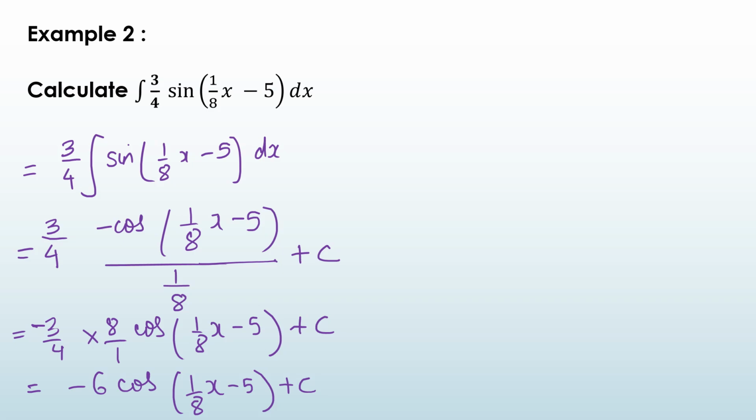If you were to use the substitution method, you could assume u equals 1 by 8 x minus 5, and then du over dx is just 1 over 8. So what happens to dx? dx now is 8 du.